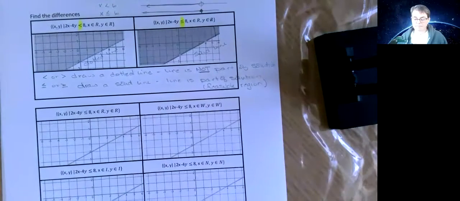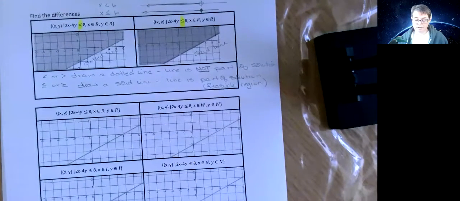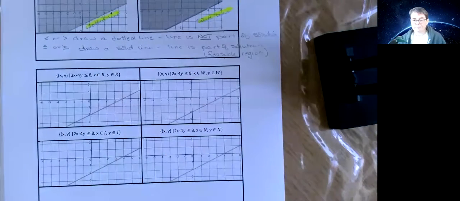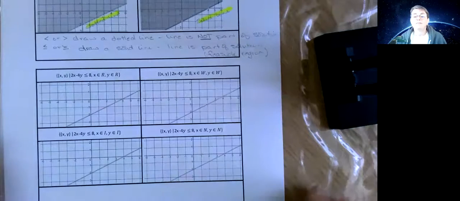So that's the first thing that's really important: dotted line, solid line. Why wouldn't you do that? It's a really simple thing to check on.